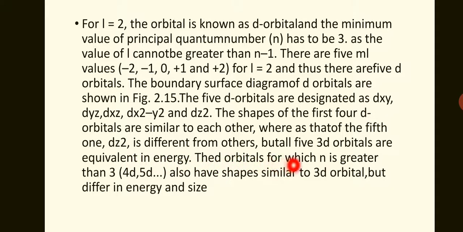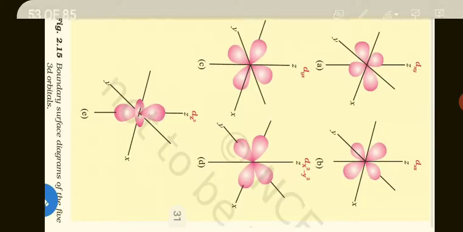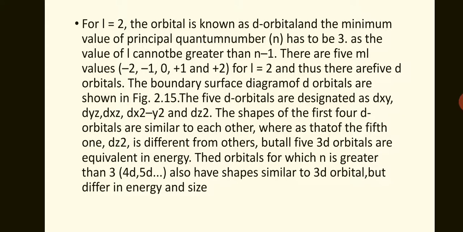The d orbitals for which n is greater than 3, meaning 4d, 5d, 6d, also have shapes similar to 3d orbitals, but they have more energy and their size is also more than 3d.